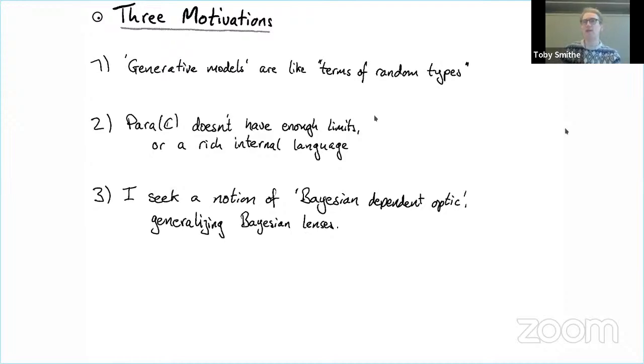Occasionally I've found it quite useful to think about generative models or stochastic processes of this kind as having a dependent type-like structure, but there's no real way to say that precisely.